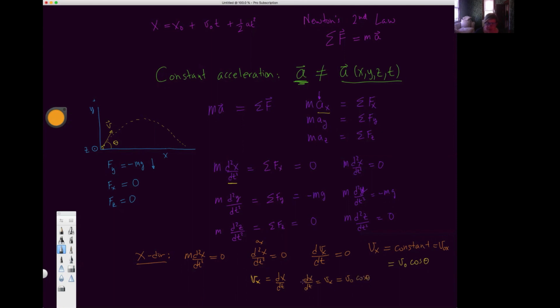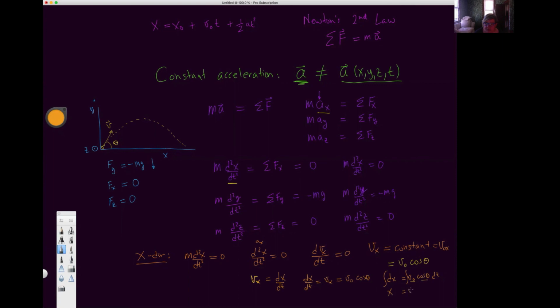So we solve that by separating variables, right? So we put dx on one side, and we put v0 cosine of theta on the other side with the dt, and we integrate both sides. Okay. Now on this side, we just get x, right? And on this side, this is a constant, that's a constant, that's a constant, right?